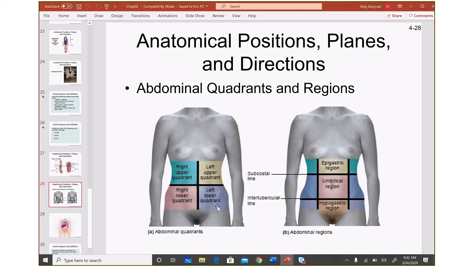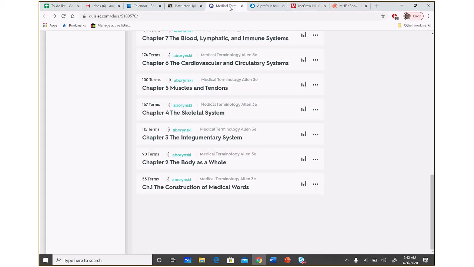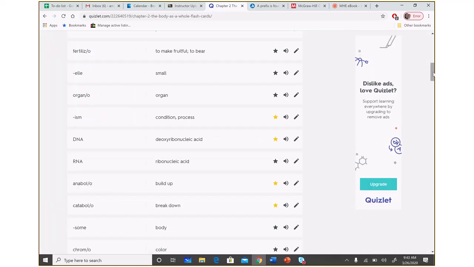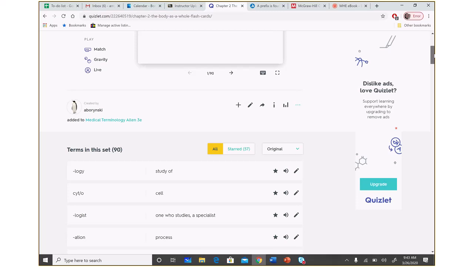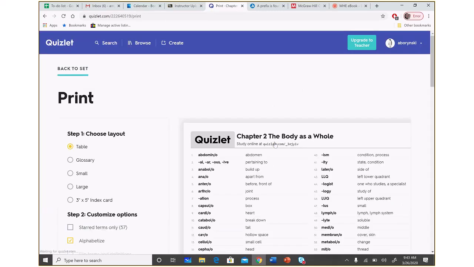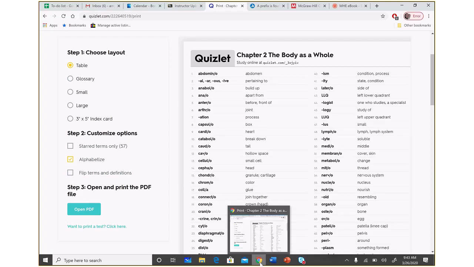So if you see abbreviations for those, and I think I have them on the word list here for chapter 2. So if you see like LLQ or LUQ, those are the abbreviations for those.